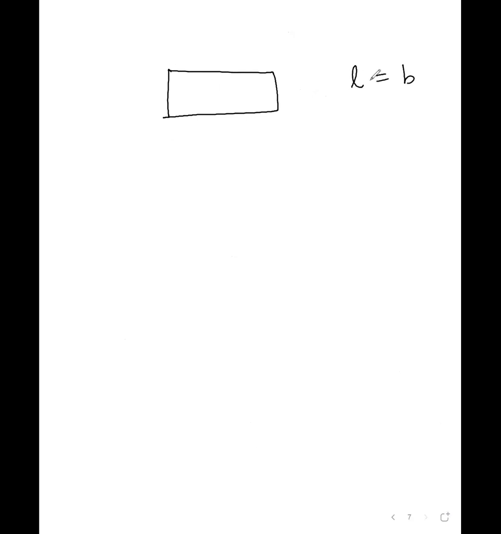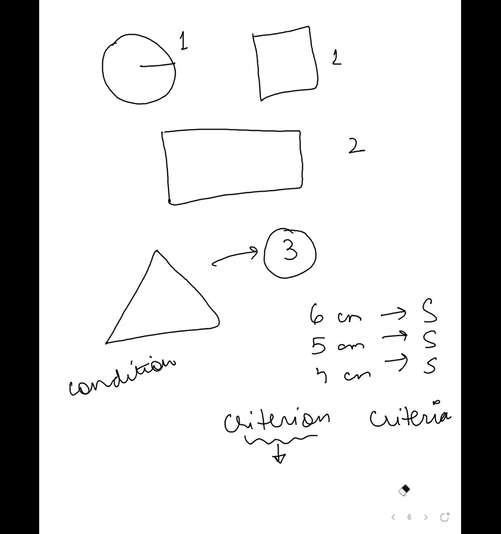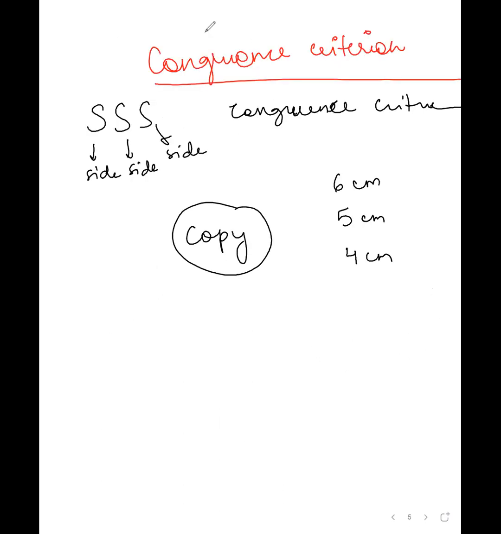Got it? You are understanding what condition means, right? Criterion means condition. Like, what is the condition for two triangles to be congruent? That's why we say congruence criterion.